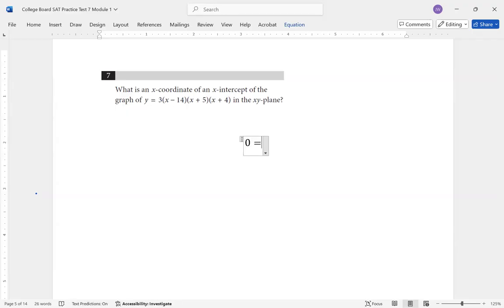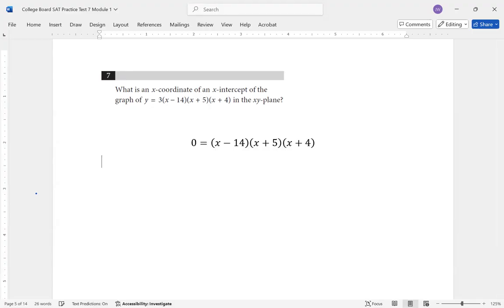So we just set 0 equal to 3 times (x minus 14) times (x plus 5) times (x plus 4). And then we solve that equation. We can divide by 3 on both sides. Dividing 0 by 3 gives me 0. Dividing the right-hand side by 3 just gets rid of the 3.